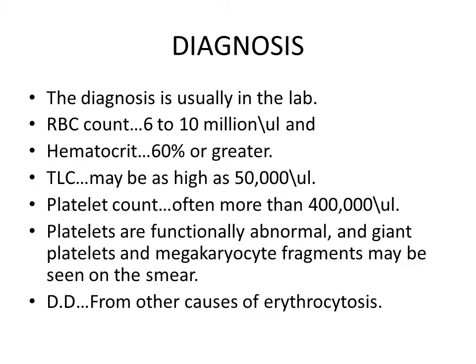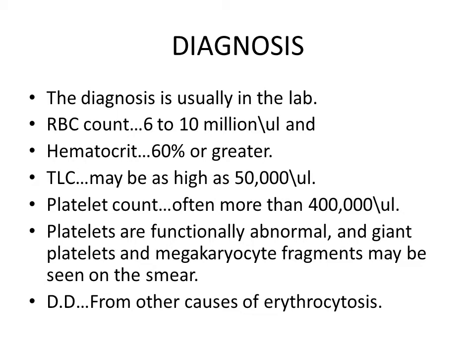When we do a routine blood examination, the RBC count may be 6 to 10 million per microliter, and hematocrit may be more than 60%. Hematocrit and PCV, packed cell volume, are the same. If we say PCV, this will be more than 0.6 liter per liter.